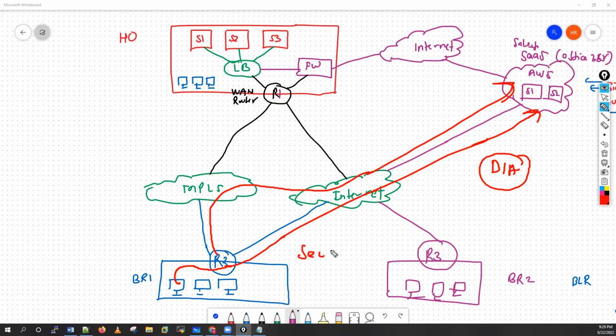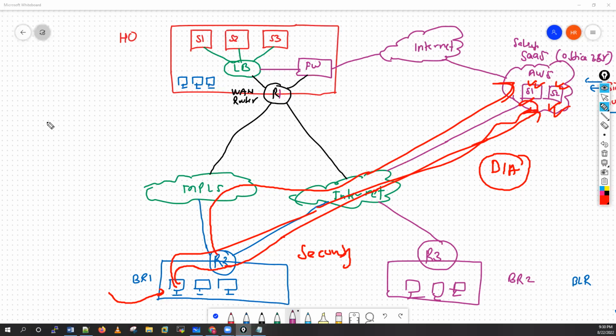Let's suppose this PC is infected with some kind of malware. What will happen if it accesses your application directly, which is hosted on the AWS environment, because there is no firewall in between, right? Which means these application servers may get infected with the malware. It can go directly to your applications, right? So such kinds of problems you will face.